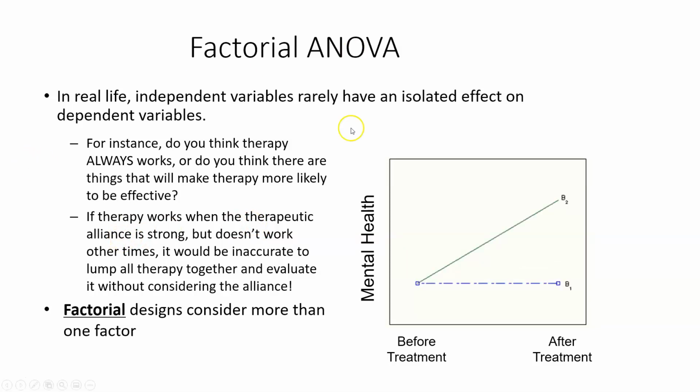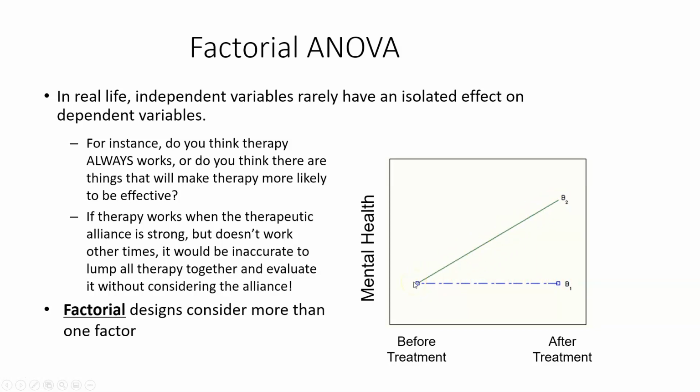And that might look more like this. You could still have before and after treatment, but you could also have separate lines to represent those people who don't have a strong therapeutic alliance and those people who do have a strong therapeutic alliance. And you would see then that the therapy doesn't work at all for those people who don't have one, and it works remarkably well for those that do.